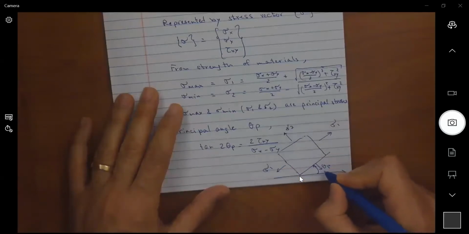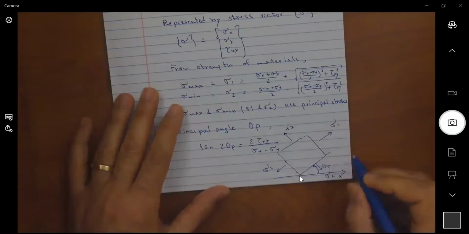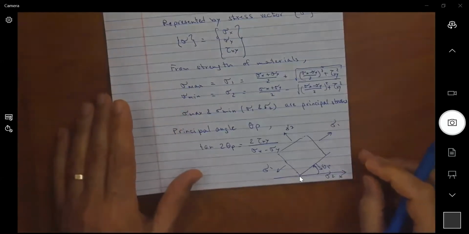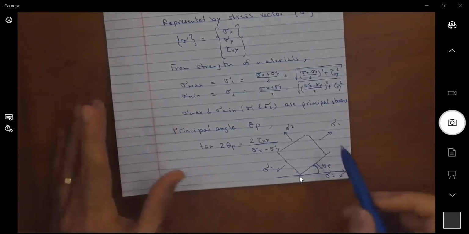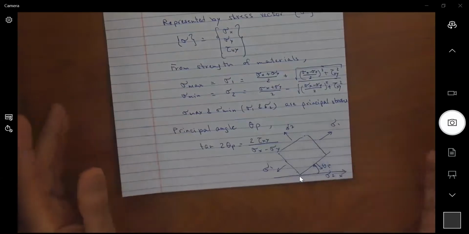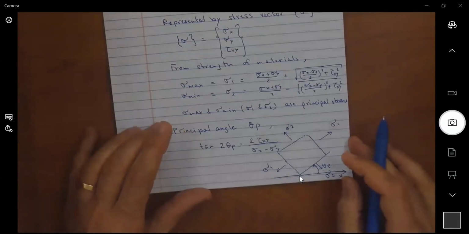And it is important to note that corresponding to principal stresses, we have 0 shear stresses, right? So when I get to the state of principal stress, I do not get any shear stress components.